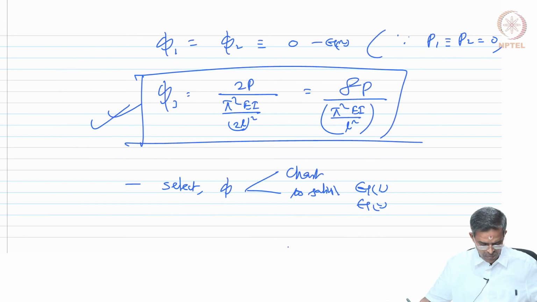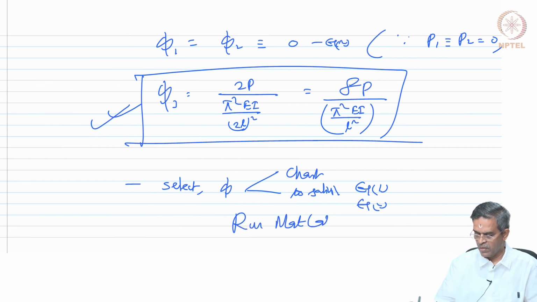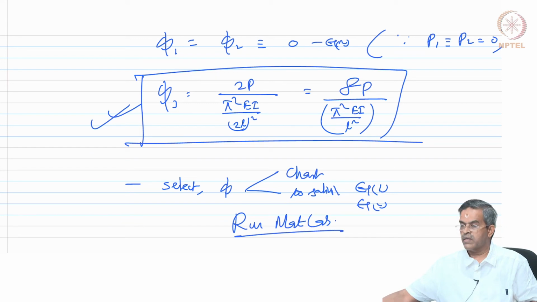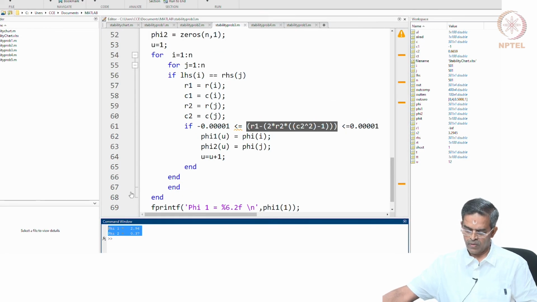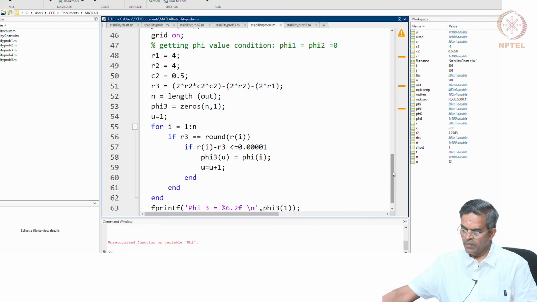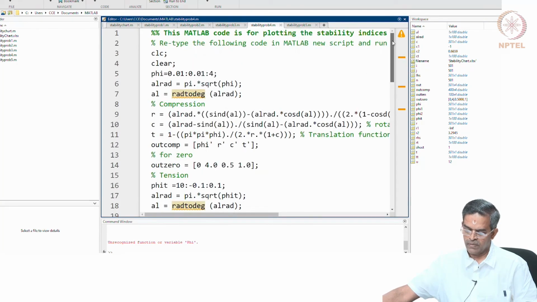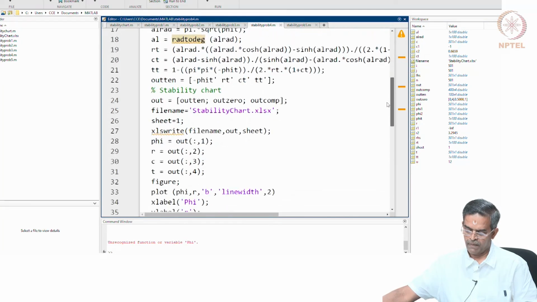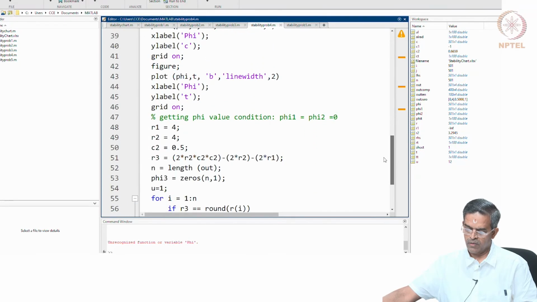Let us run the MATLAB program and get the answer. So, now I am running the MATLAB program. So, this is the program, friends. Okay. So, the control equation is this.